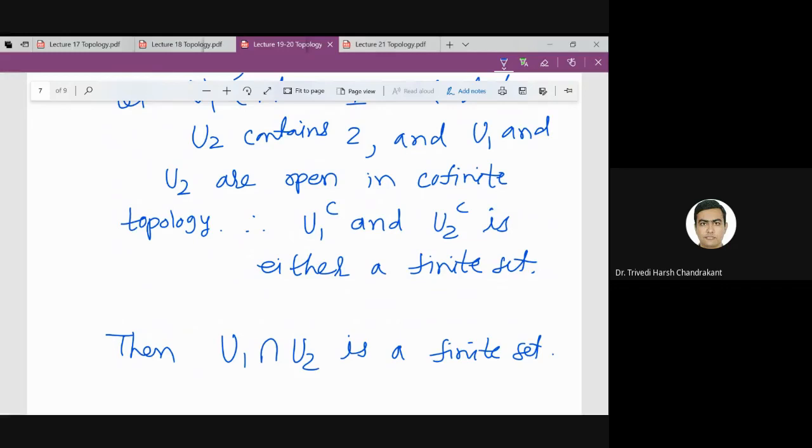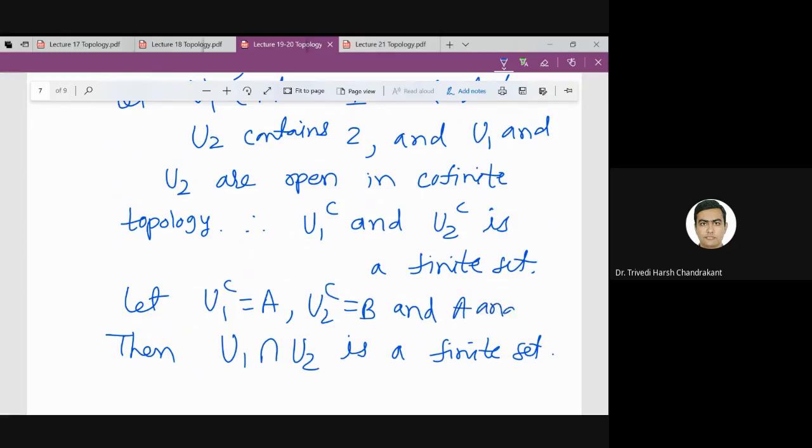The only possibility is that the U1 complement is a finite set. So let, for example, U1 complement be A and U2 complement be B, and A and B are finite sets.